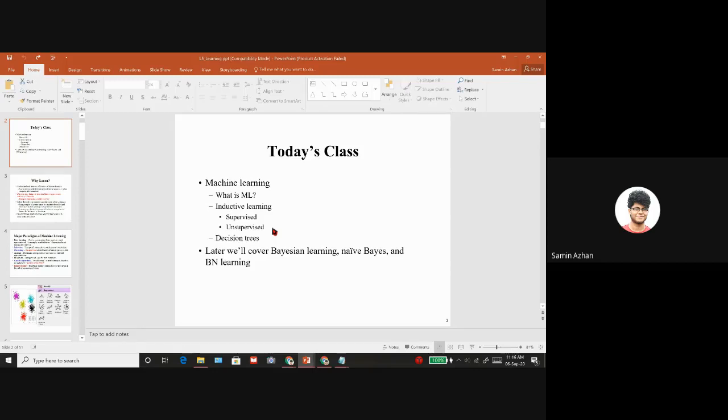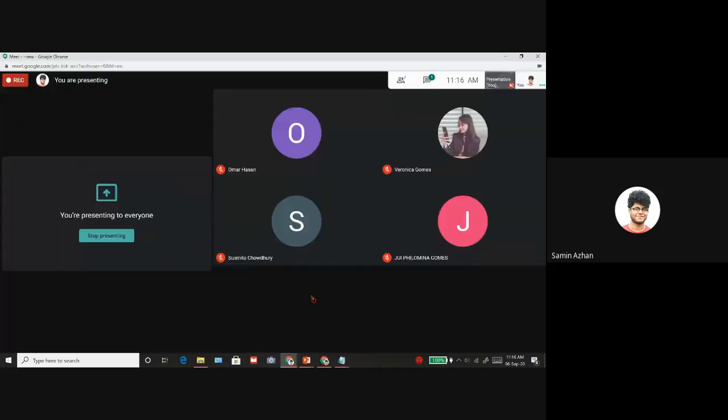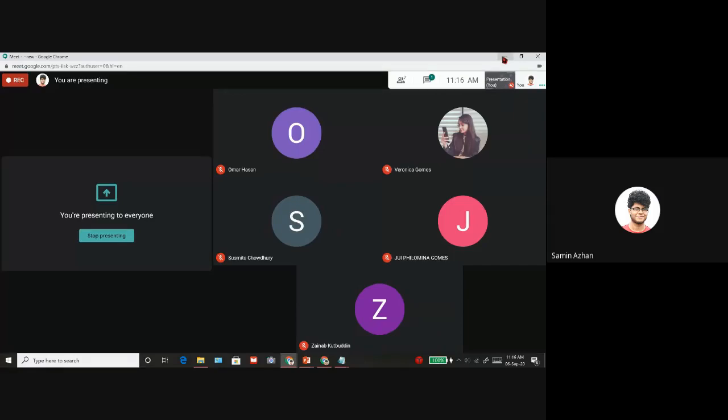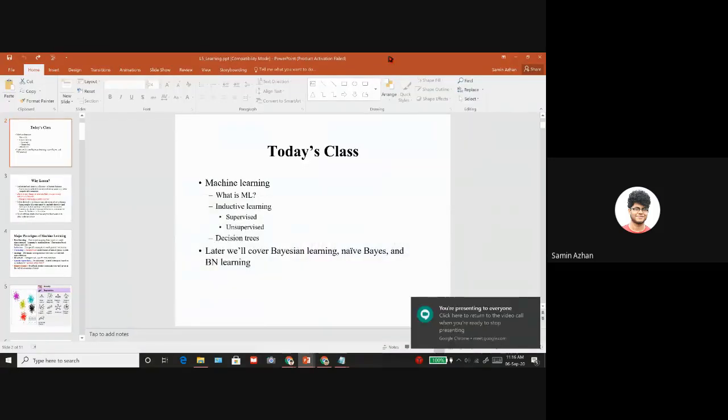The procedure you would have to follow is, hold on, someone's trying to join. So the procedure you'll have to follow is, let's say you have 1,000 images of humans and 1,000 images of dogs. So you would have to use those images to train your model.